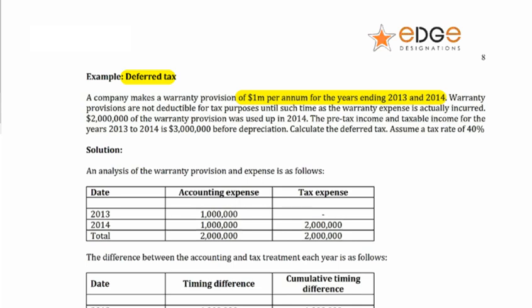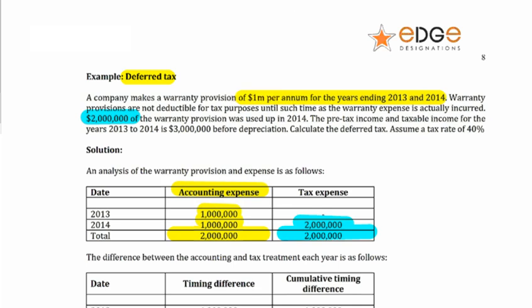So just have a quick look. For accounting purposes, I can take those 2 years' worth of warranty provisions totaling $2 million. And for tax purposes, the 2 million was used up only in 2014, so that's when he gave you that tax deduction. But all in all, $2 million was taken for both parties.